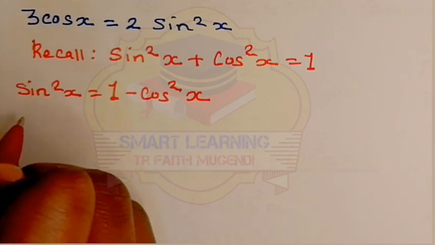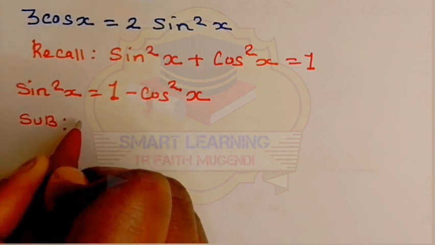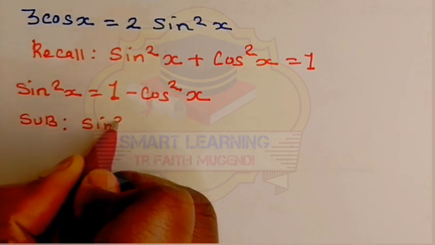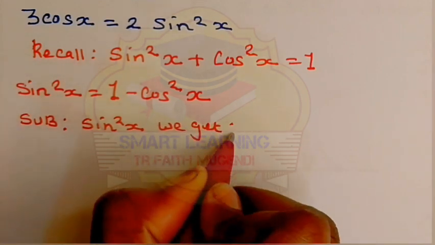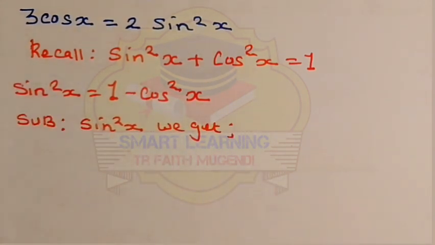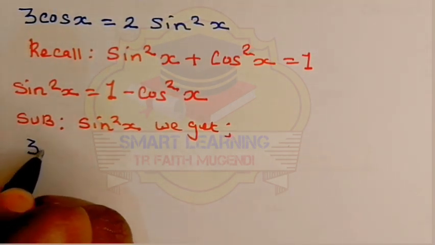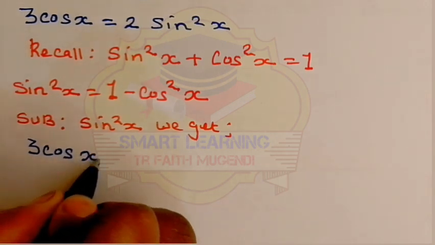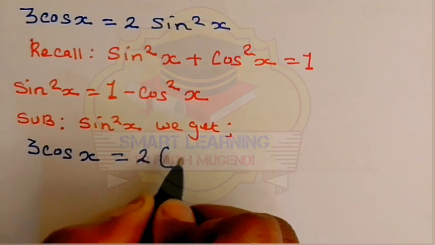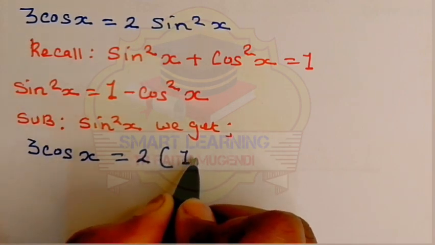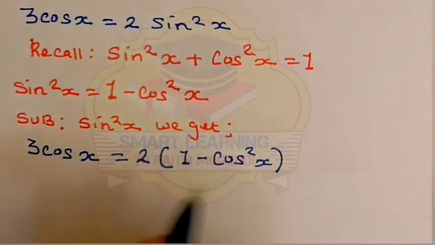If that is the case, then we substitute sine squared, and we get 3 cos x is equivalent to 2 into 1 minus cos squared x.